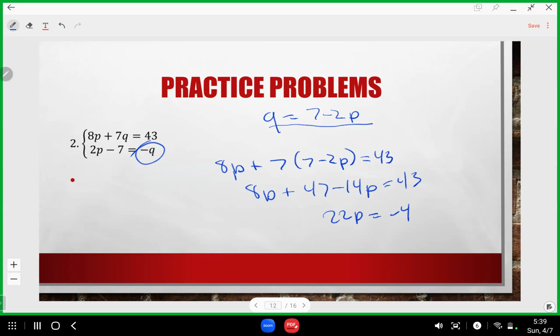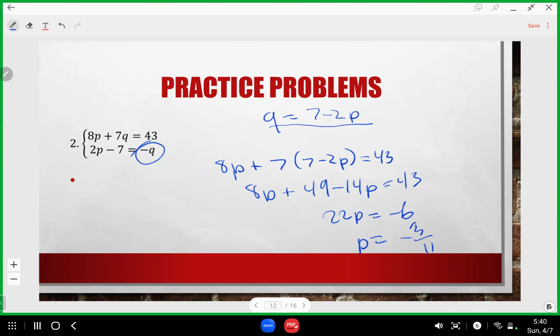So 8p plus, this is not 47, by the way, it's 49. That gives negative 6p, but still a little bit not what I'm looking for. According to this, the answer would be p equals negative 3 over 11. It's a bit weird.